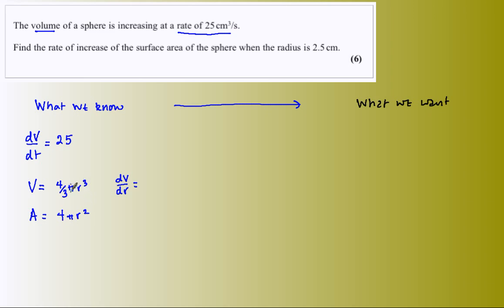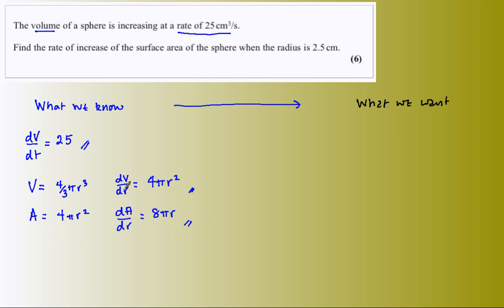So that's 3 times 4/3 pi, and drop the power, r squared, and differentiate the A. Again, r squared becomes 2r, so that becomes 8 pi r.